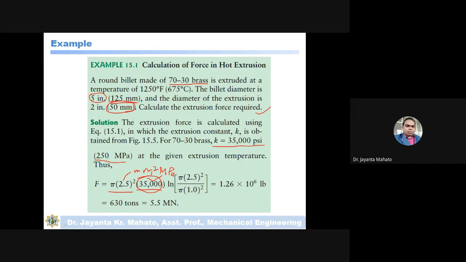Then put here the extrusion ratio value, which is unitless. After calculating, you will get the extrusion force as 630 ton.